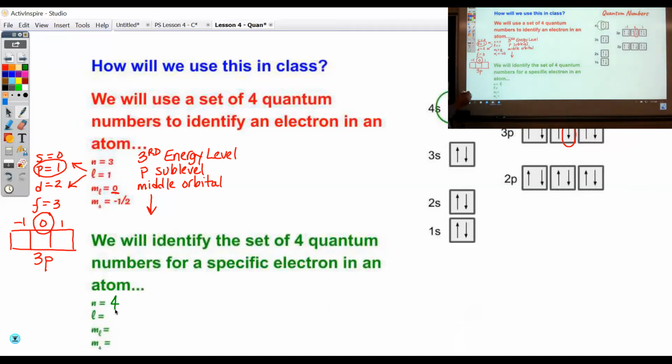If we are in the 4s sublevel, then the second quantum number has to be a 0 because that's what is represented by S. And then the only possibility for an m sub L value, if we have an S, is another 0. And then finally, because we're talking about the electron pointing up, we're going to have a value of +1/2.